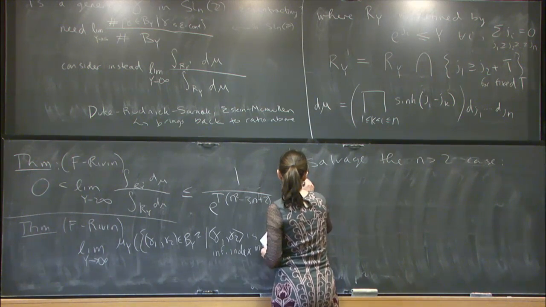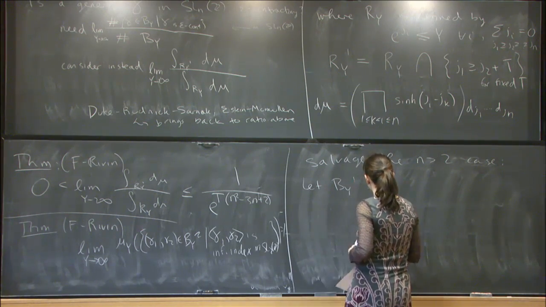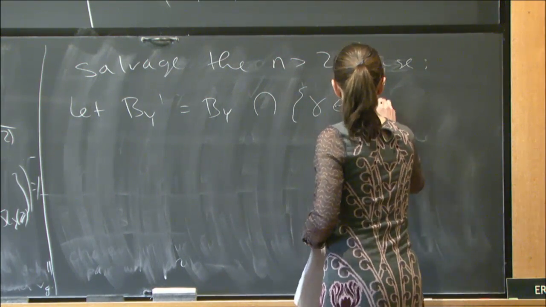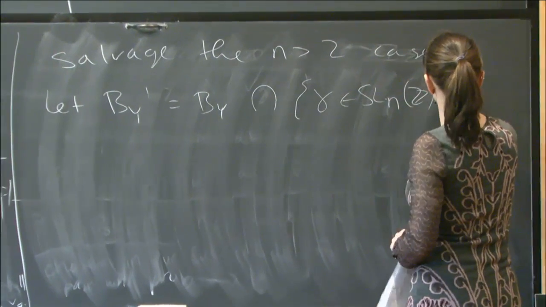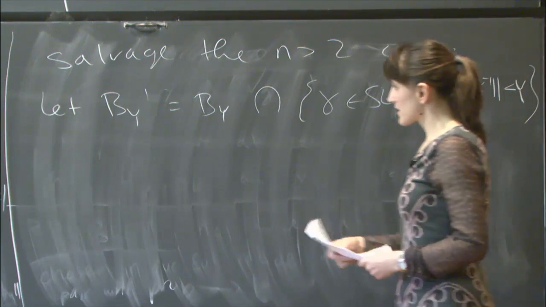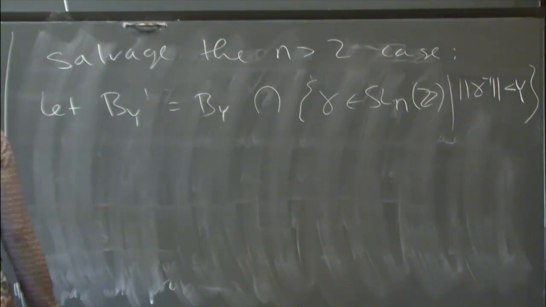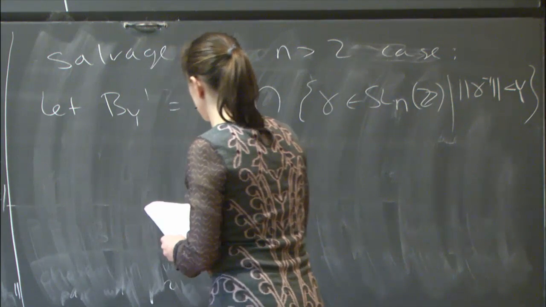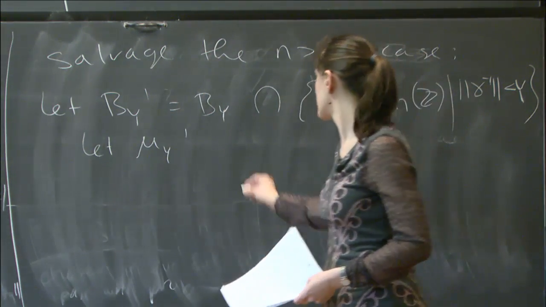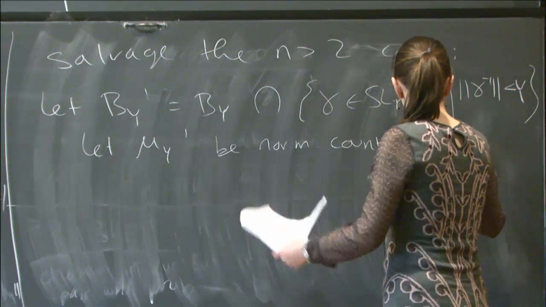So I'm going to define a new ball, B_y prime. This is going to be B_y intersected with gamma in SL_nZ for which the norm of gamma inverse is at most y. So this is actually a zero density subset of B_y, but it's a pretty natural kind of ball to consider. And again, we're going to choose mu_y prime to be the normalized counting measure on B_y prime.